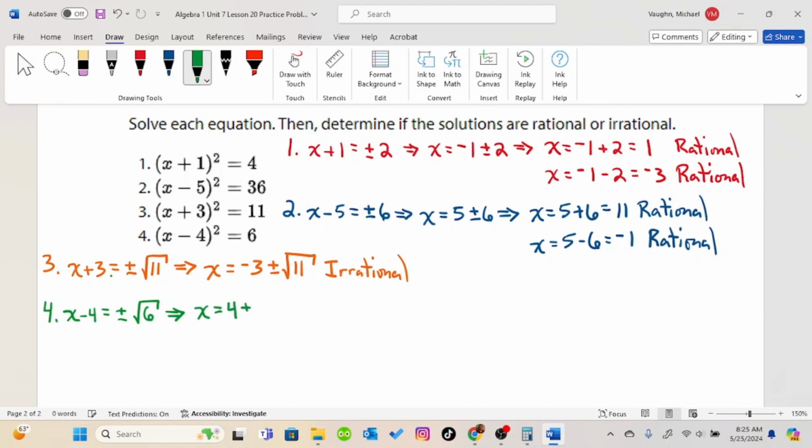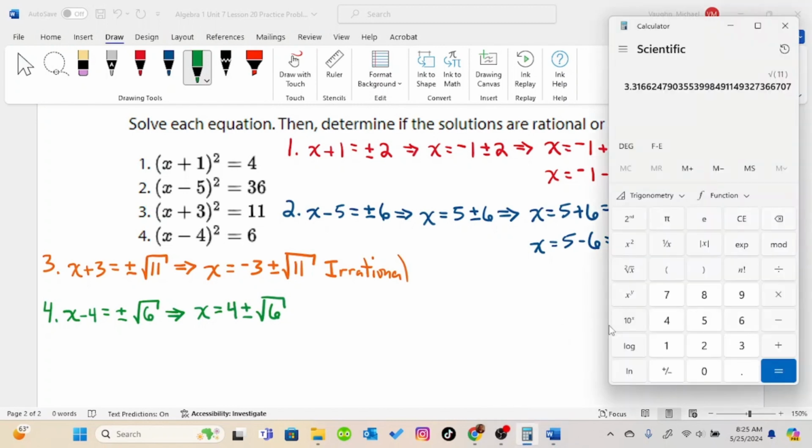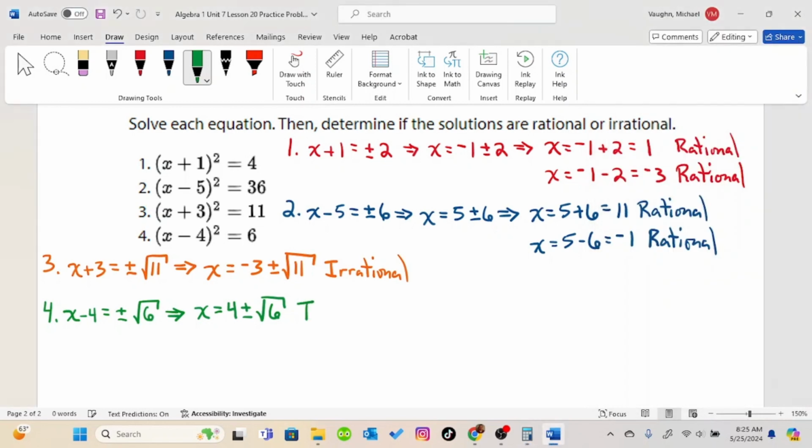So we have 4 plus or minus the square root of 6. If we put the square root of 6 into a calculator, we get a non-repeating, never-ending decimal. So these answers would be irrational. We could not write them as whole number fractions.